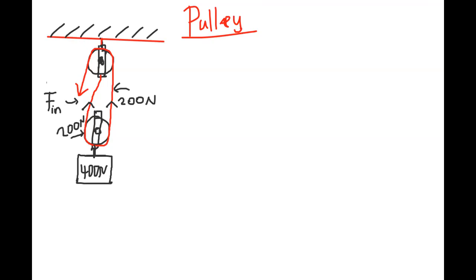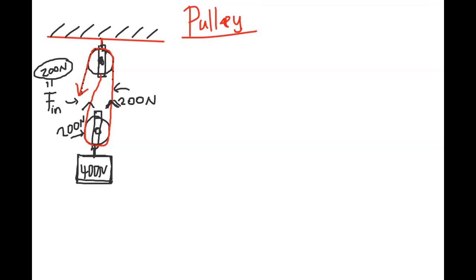And the force you are putting in here has to also be 200 newtons, because if you follow the 200 newtons line all the way here, you see that you are going to require 200 newtons to pull also. So what I'm trying to say here is that you only require 200 newtons to pull a load that is 400 newtons.